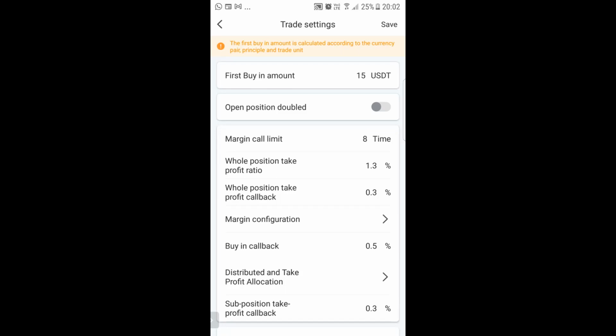So it means if the market drops by 0.5, the robot must come and buy again. That's what happens. But because this is crypto and volatility can be crazy, there are times where you will see that those numbers are not the way they would be in a perfect situation.